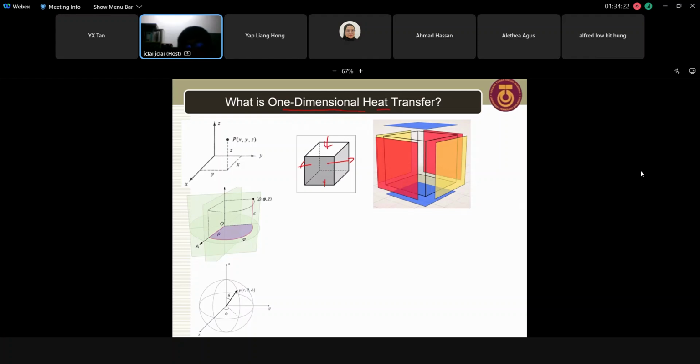This cube can actually be broken into 6 surfaces, right? So what does it mean by heat is transferred through one dimension only?